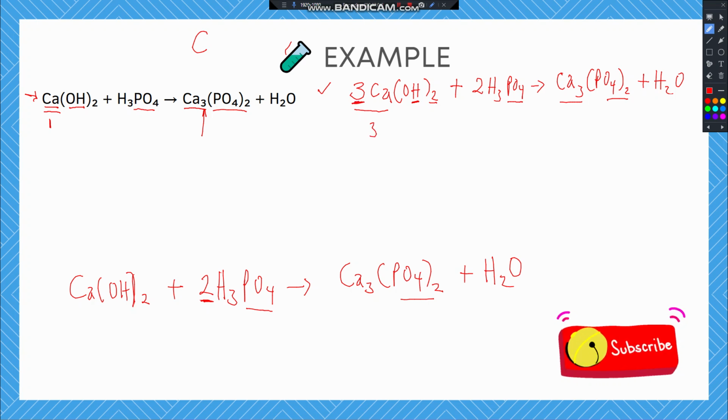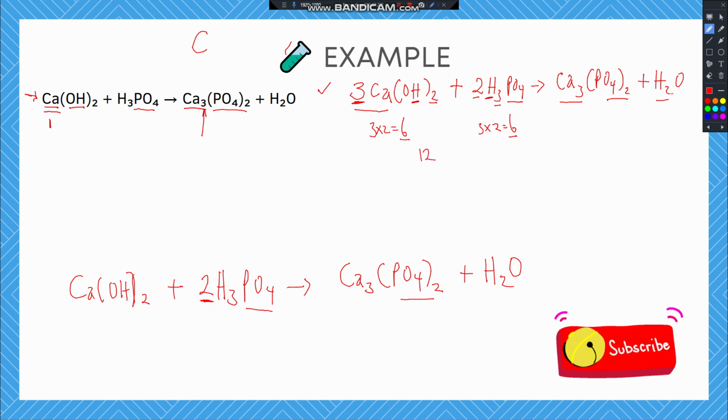So we have 3 times 2, which gives us 6 atoms of hydrogen. Over here, we also have another atom of hydrogen, which has a subscript of 3 and a coefficient of 2. 3 times 2 as well also gives us 6. So altogether, we have 6 plus 6 atoms of hydrogen, which gives us 12.